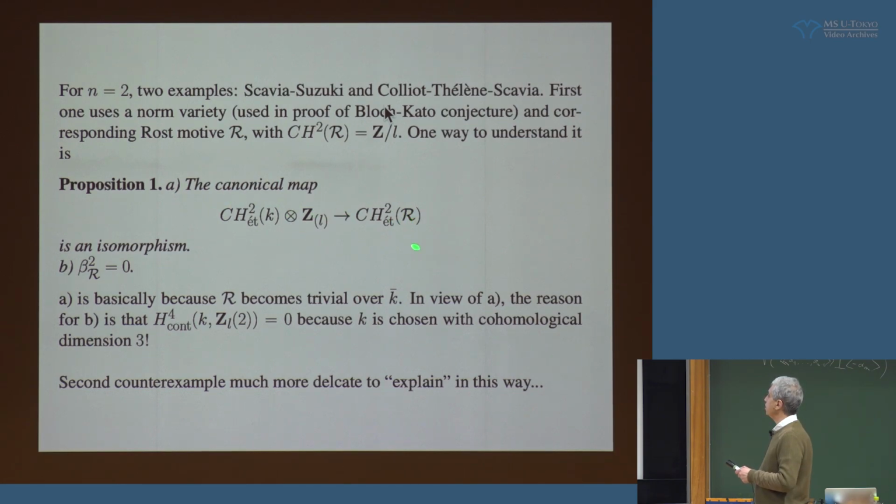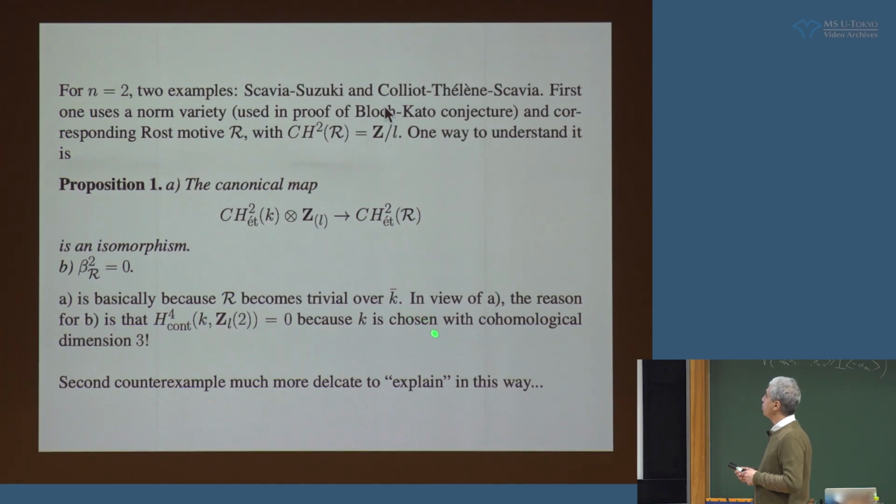But in any case, it's this étale Chow 2 that reduces to the one of the base field. And then the second map in my decomposition is 0 because the target is 0. This is the target, and it's 0 because k is chosen to have cohomological dimension 3. So that's the way to explain their counterexample.